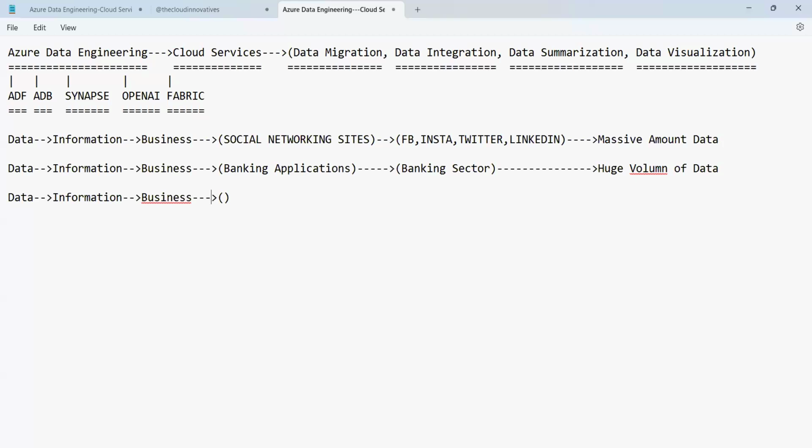Data or the information is generated by the business always, whatever business we can have.